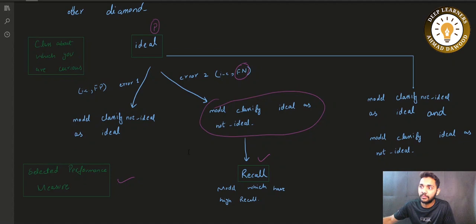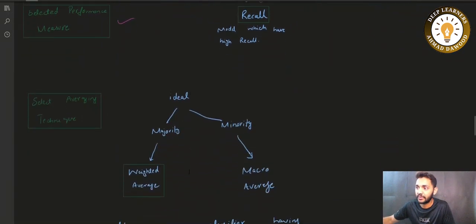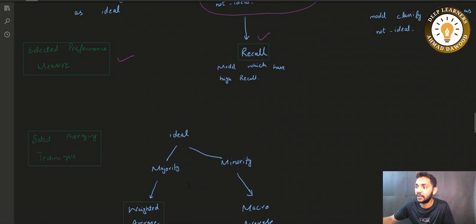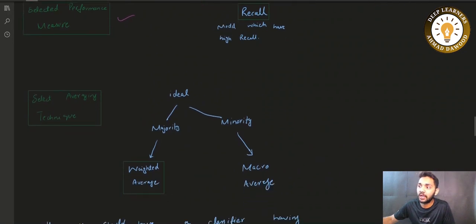And now you have to see what type of average you should choose. There are multiple types of averaging here. Now you will see how many samples belonging to the ideal class you have in your actual data set. You have seen that there are a lot of samples belonging to the ideal class, the majority of samples.